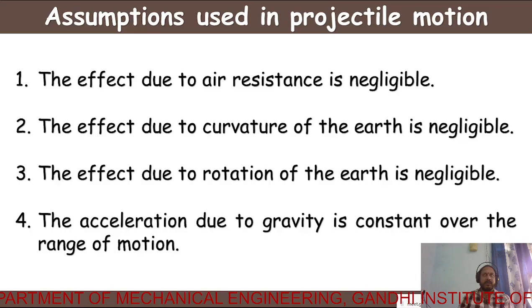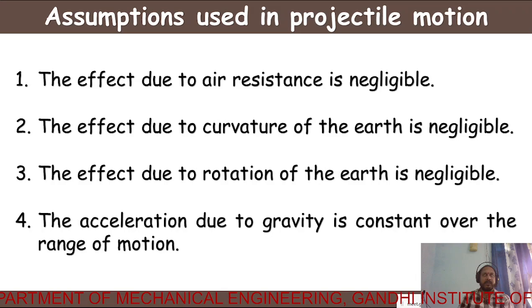Air is present everywhere, or not? And whenever you're throwing any object, resistance by the surrounding air, the environment, is very much compulsory, but we are assuming that air resistance is negligible.